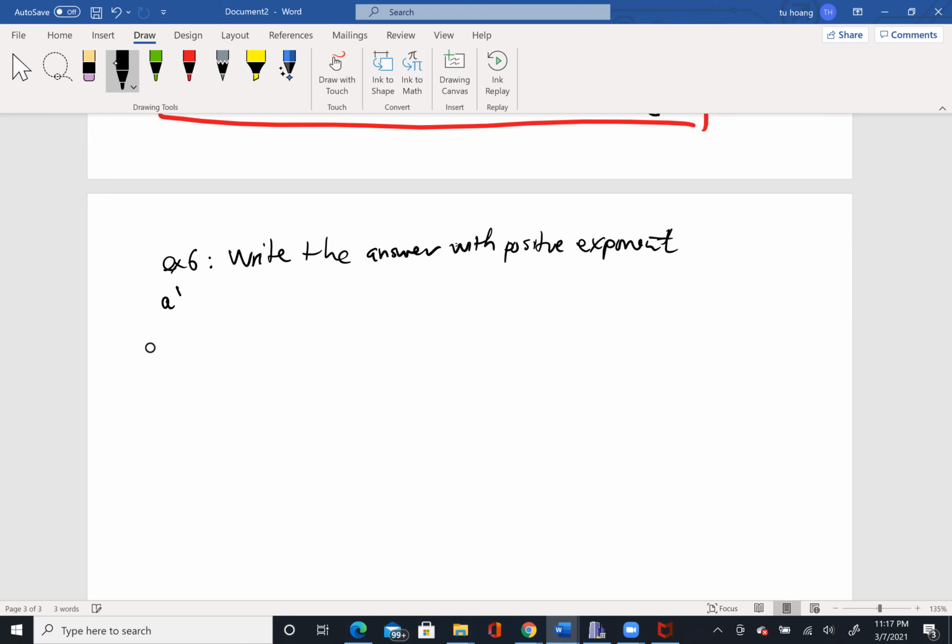Okay, so let's do part A. I have square root of x multiplied by the cube root of x. So we're going to have x power 1/2 multiplied by x power 1/3.